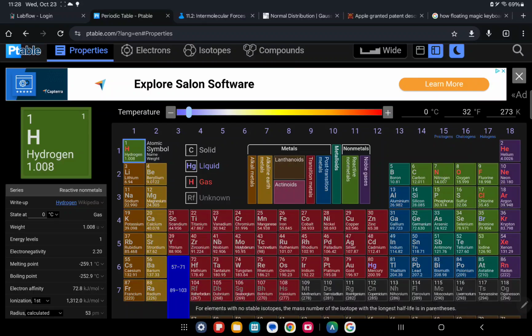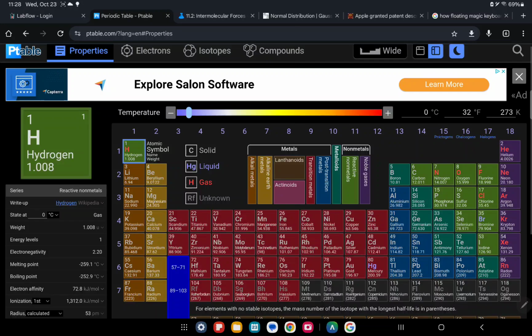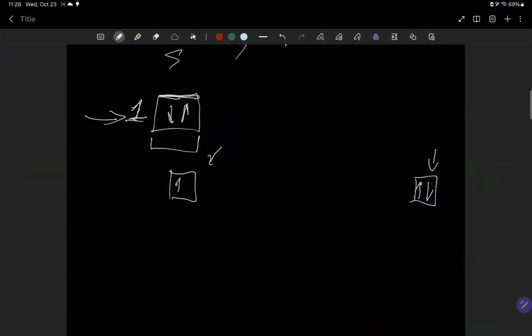A neutral atom or a neutral element is going to have an equal number of electrons to protons. Okay. Yeah. Makes sense. So hydrogen, helium. So now this s orbital is full.